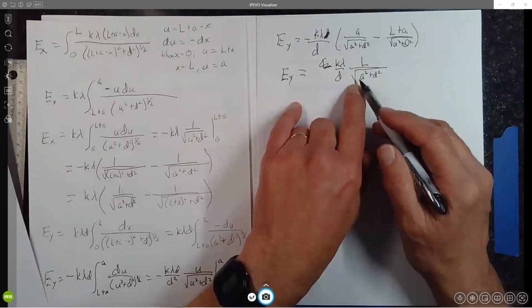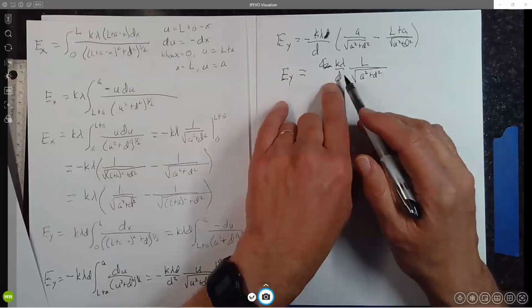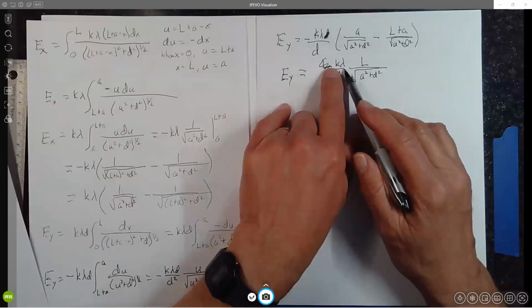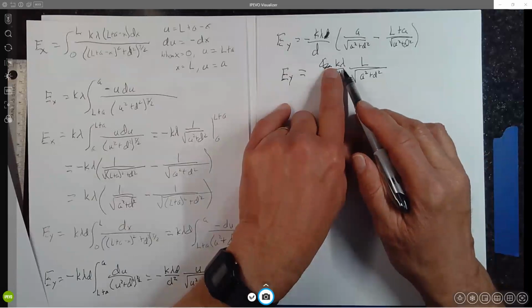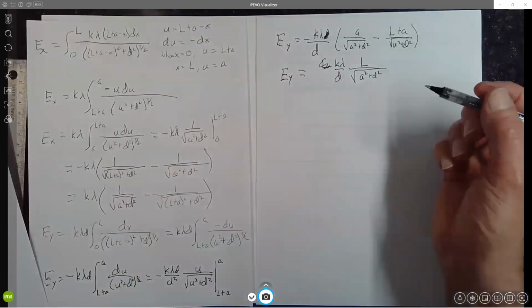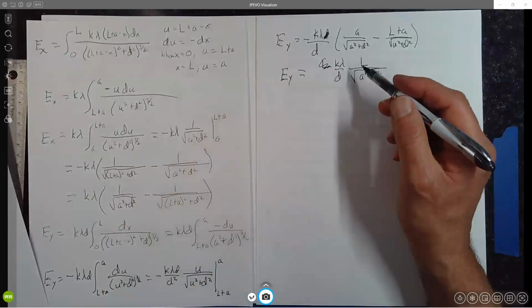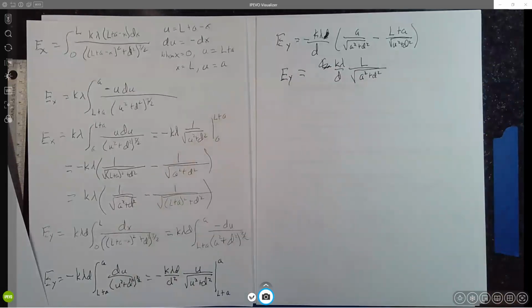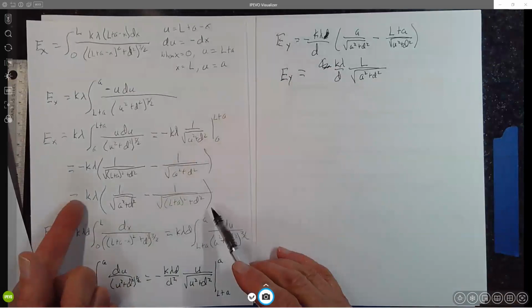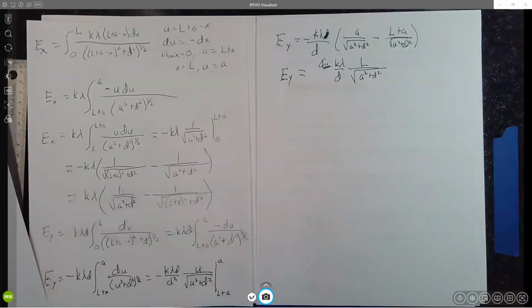And when you take the square root of that, you just get d. D times d is d squared. I'd have k lambda L, but lambda is Q divided by L. So it'd end up being kQ over d squared. It would be looking like a point particle. That's the electric field of a point particle. And then you could imagine what happens with E sub x under those circumstances too.